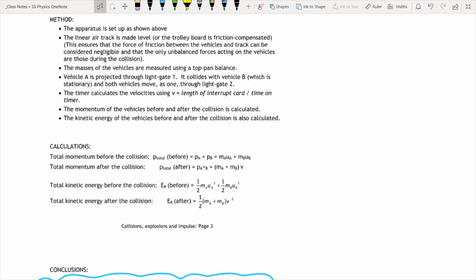The momentum afterwards, because they join together, is the total mass of both of them times the speed that they move off at. The kinetic energy before is half times mass times the initial speed squared of A plus half times mass times the initial speed squared of B, which is 0. And the kinetic energy afterwards is half times the total mass times the speed of both of them moving at the same time.